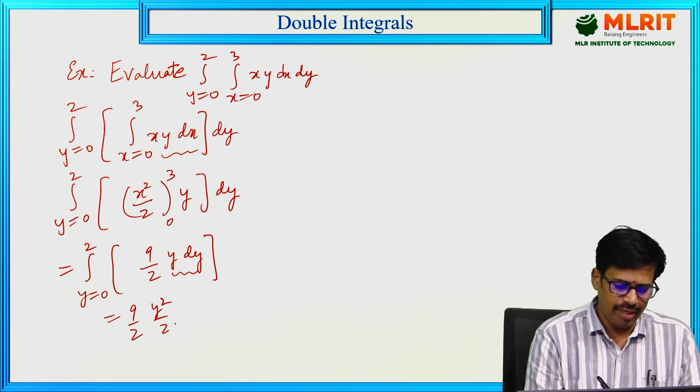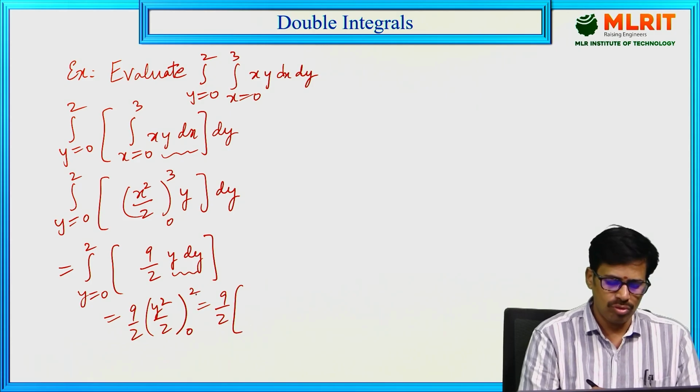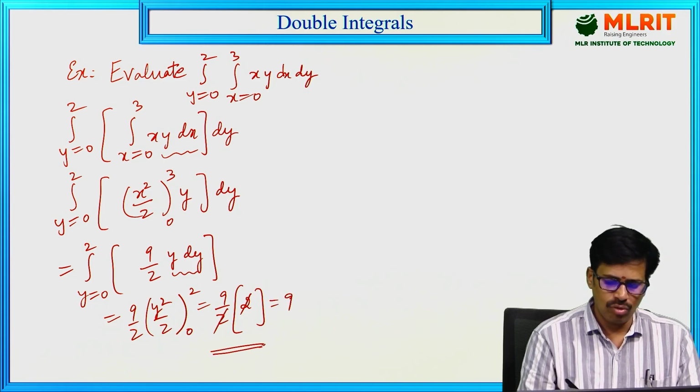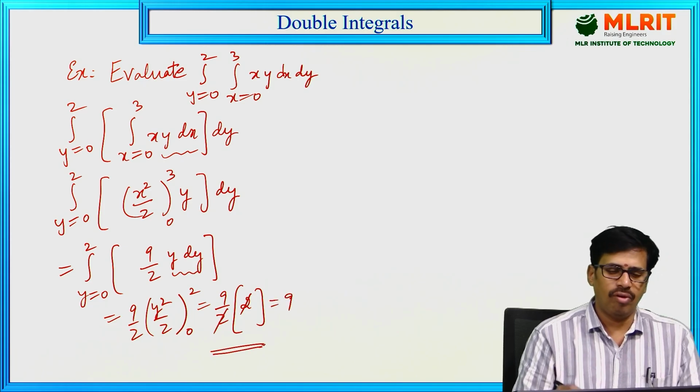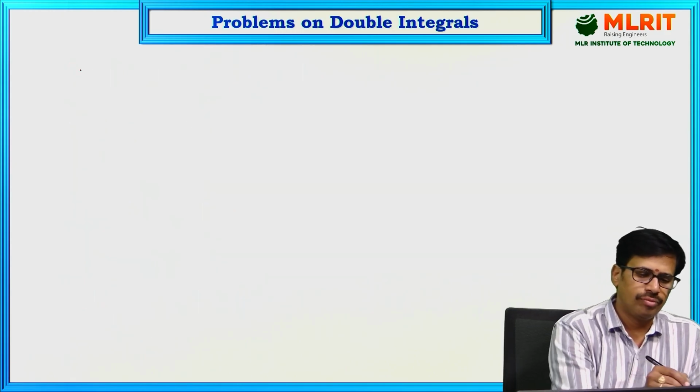Y square by 2, and y limits are 0 to 2. So this is 9 by 2 into, in place of y substitute the upper limit 2, 2 square is 4 by 2, so 2 and 2 get cancelled, 9. So this is the answer, right? Let us take one more example now.